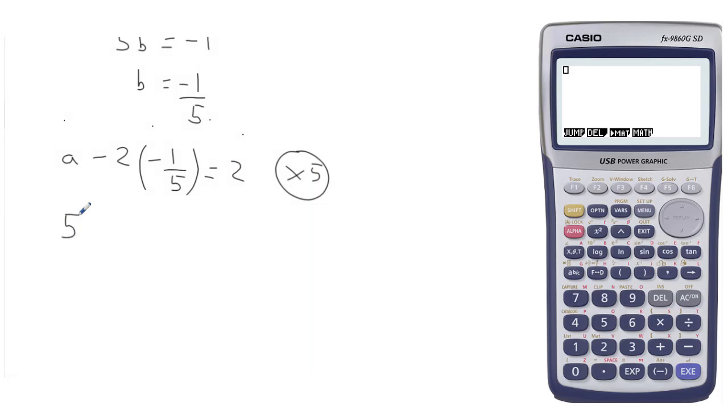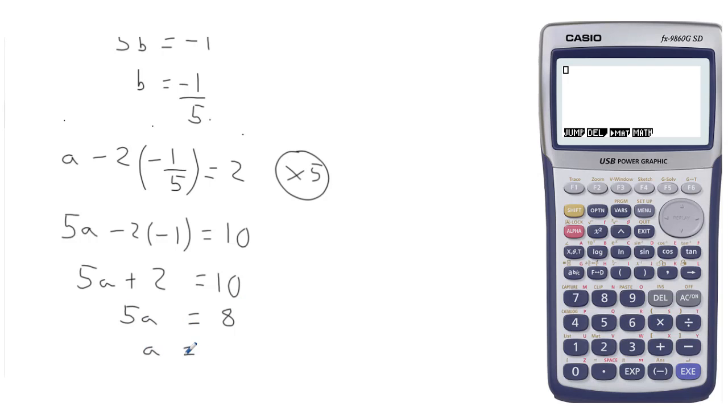That would be 5a minus 2 times minus 1, so plus 2, equals 2 times 5, which is 10. So 5a plus 2 equals 10, which means 5a equals 8, so a equals 8 over 5.